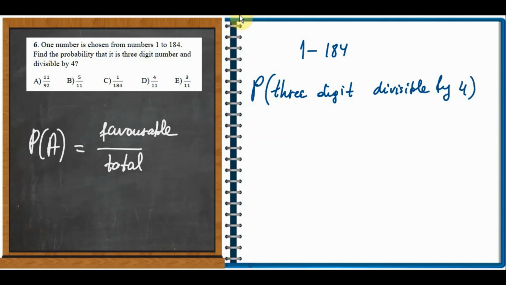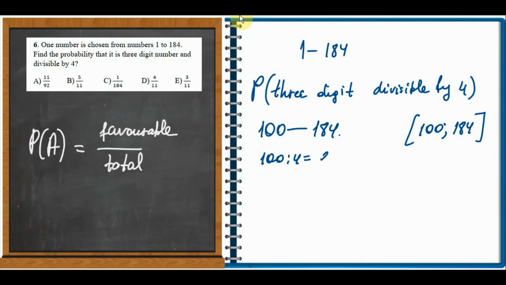Alright, so in this interval we know that 3-digit numbers are starting from 100 till 184, and both of them are included. Now, if we divide 100 by 4, it's going to be 25, and 184 divided by 4 is 46. So our interval is from 25 till 46.